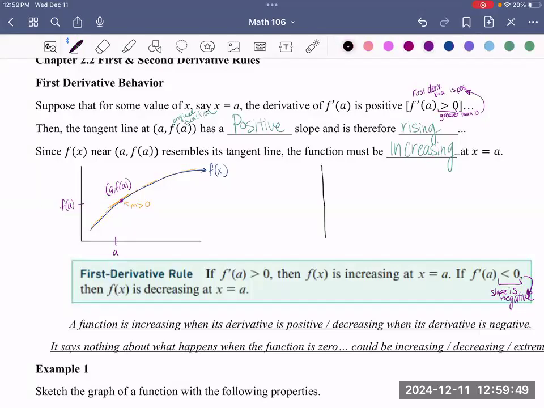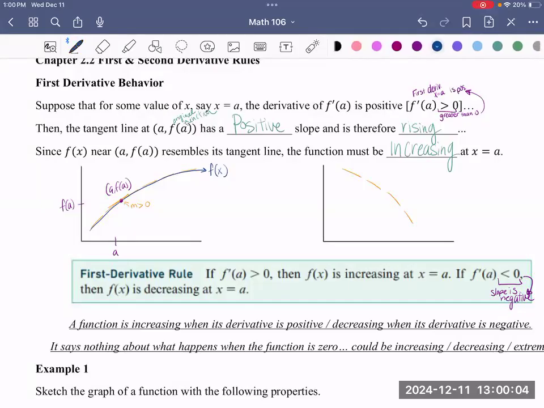So if we were to draw a quick picture, making negative slopes now, and draw the same kind of graph, notice that all the slopes are negative. We are decreasing.